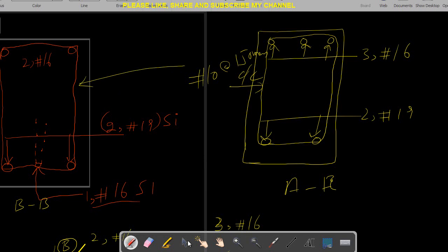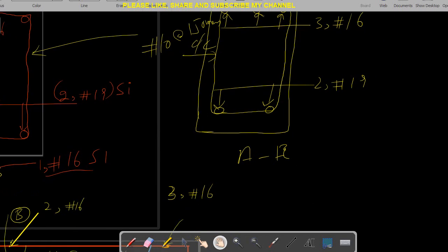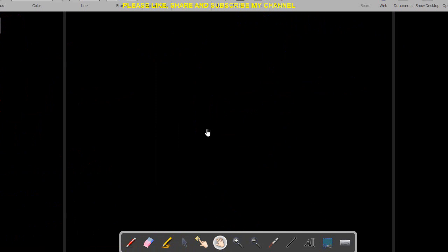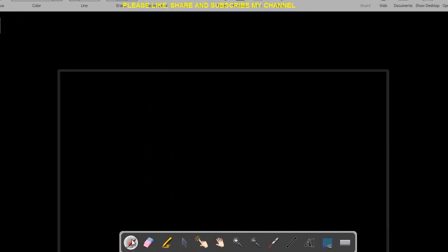And if we calculate the spacing between the bars, so the spacing will be, the width is 228 millimeter.